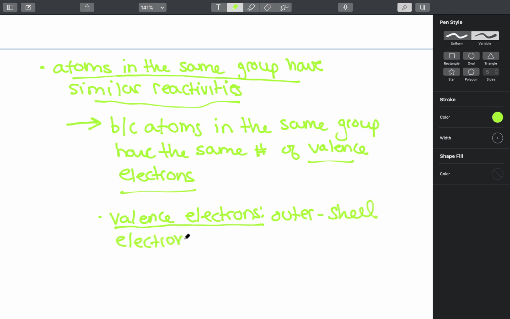And the valence electrons are what determine reactivity. So that's all you need to know for right now, because we need to go over atomic structure before we get more into valence electrons. So this will all make more sense once we go through the nitty-gritty about atomic structure, but this should suffice for right now. So this was just to introduce you to the periodic table, just give you an awareness of where different things are. So that concludes this video.